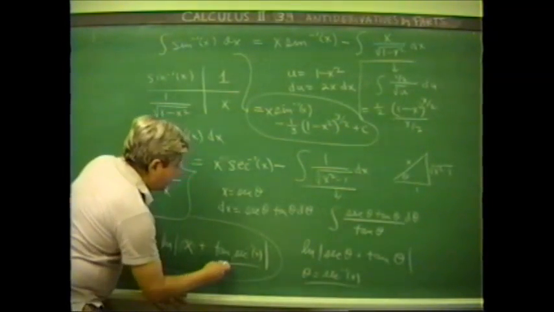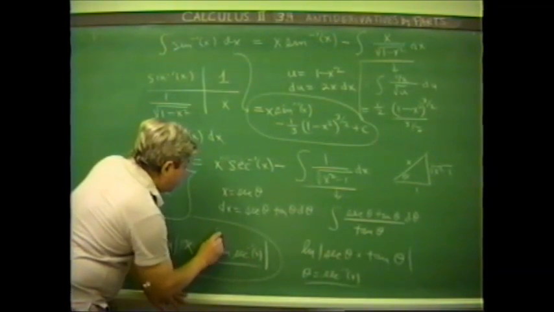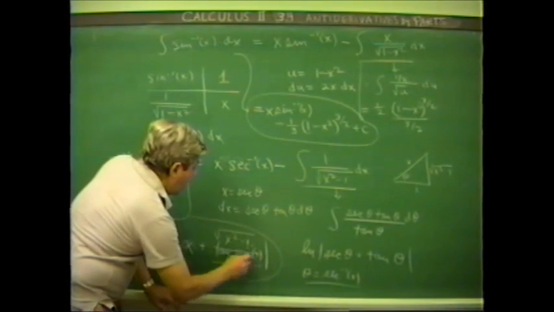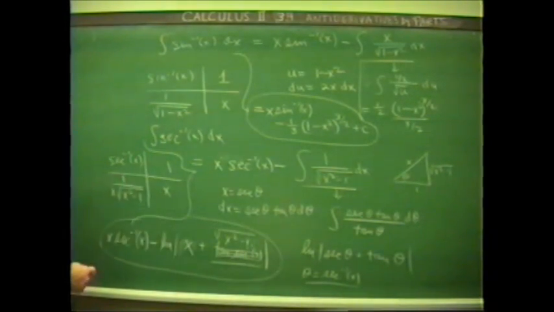So we can replace this right here with the square root of x squared minus 1 and get the antiderivative of the secant inverse is x secant inverse of x minus the logarithm of x plus the square root of x squared minus 1.